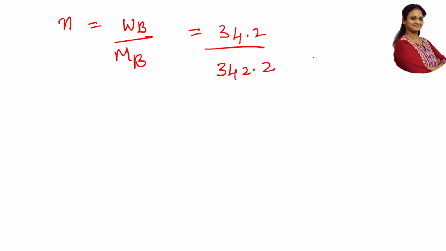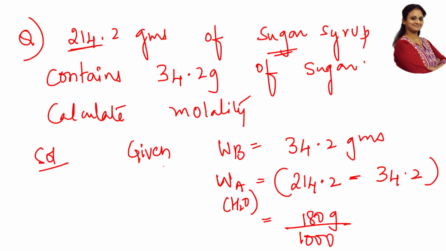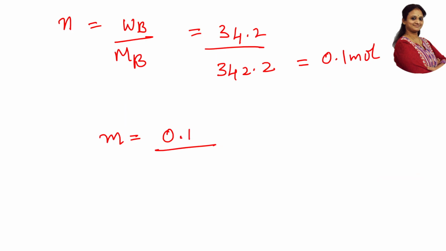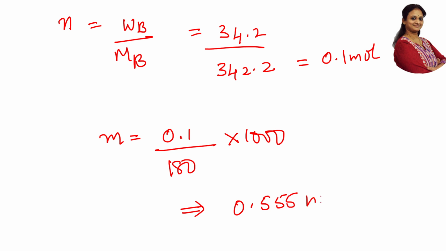So when you divide, I get 0.1 mole. Now I can easily calculate: 0.1 divided by 180 by 1000. So when it goes to the numerator, 180 into 1000, I get almost 0.555 molar. Very easy.